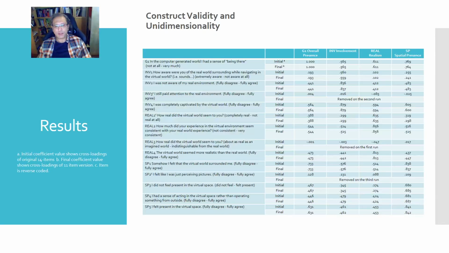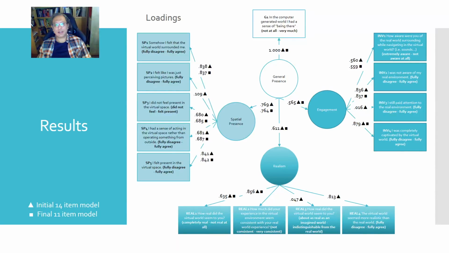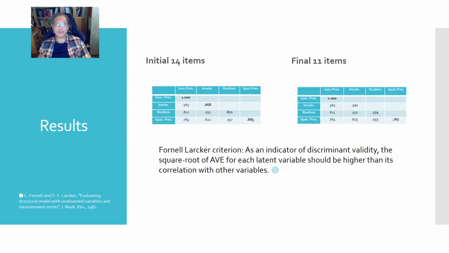But when we remove them from the scale, the loadings of the other items and the relations between the dimensions, the loadings of the dimensions to the general presence did not change a lot. There was not much difference. So we can say that the measurement capability of the scale is decreased by this way. Actually, it's increased because the items that have measurement error are excluded from the scale.